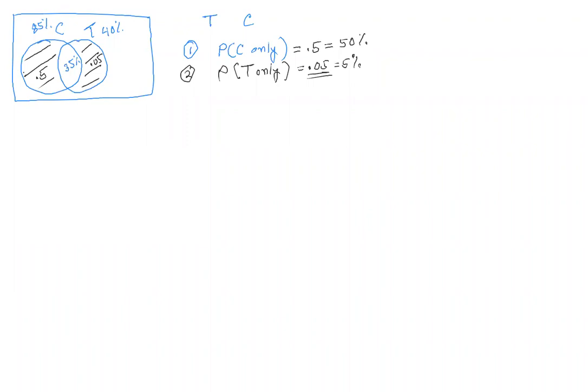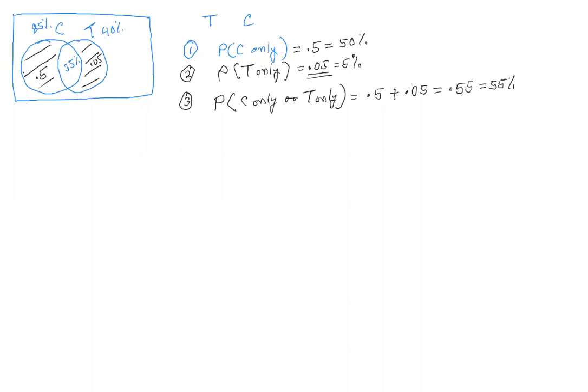So the next, number 3, probability that a randomly selected person drinks coffee only or tea only. And that would be just the black shaded region on both sides. So that would be 50% or 0.5 plus 0.05. That is going to give you 0.55 or 55% chance.